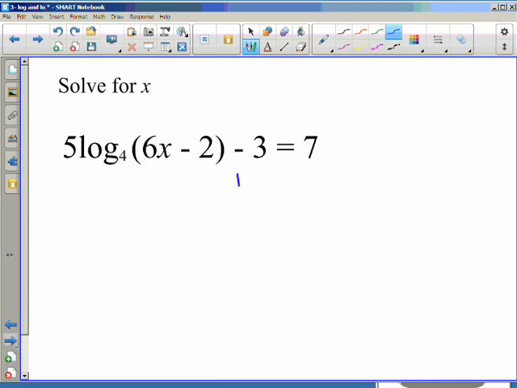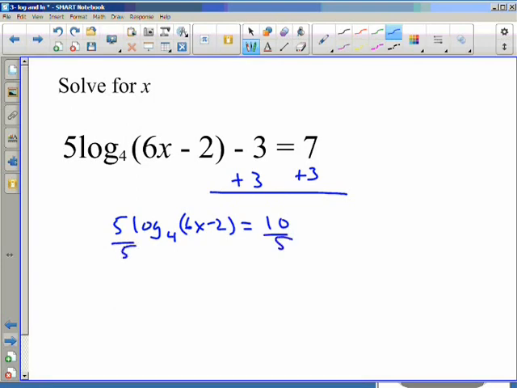All right, we're going to undo the addition and subtraction first. Then we'll undo multiplication with division.